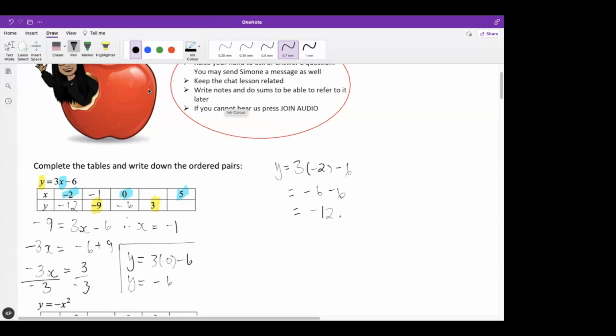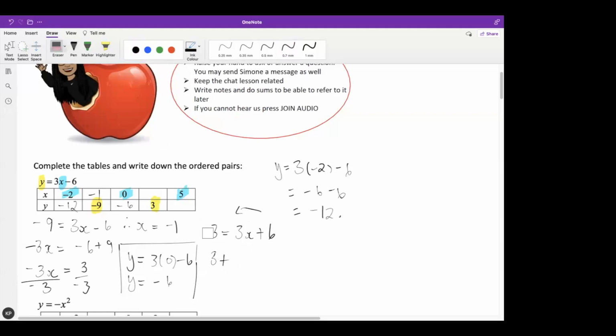Zara says -9 plus 6. Oh, so you're just moving it to the other side. And that's fine, Zara. So Zara is saying the one that she knows is, we're going to say 3 equals 3x plus 6. And then you take the 6 over to that side.